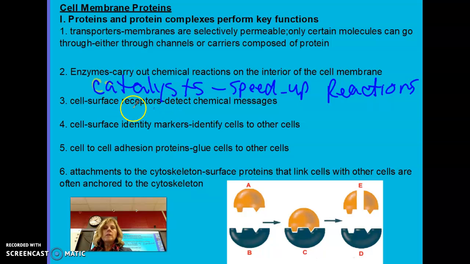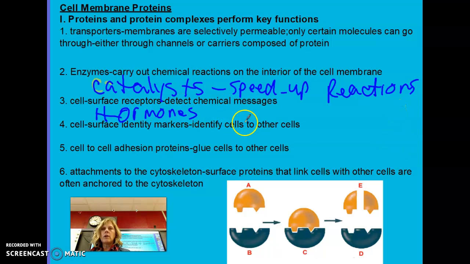Cell surface receptors. We talked about cell signaling earlier, I think at the end of chapter 4. The cell surface receptors are there to detect certain chemical messages, and we talked about how hormones can be important in sending messages generated from cells in one part of the body, all the way to cells in a different part of the body.